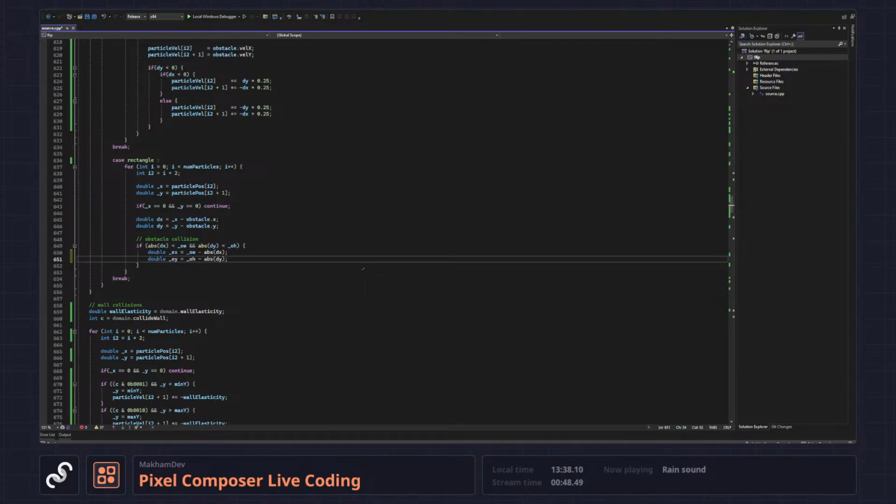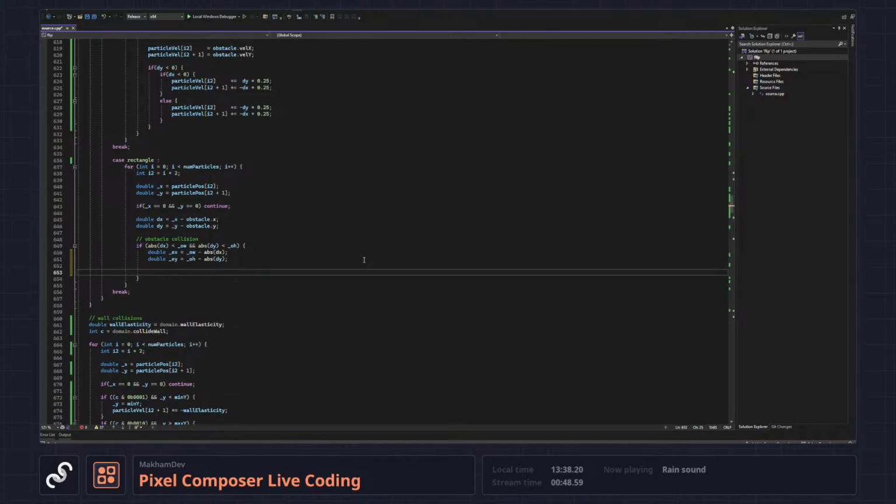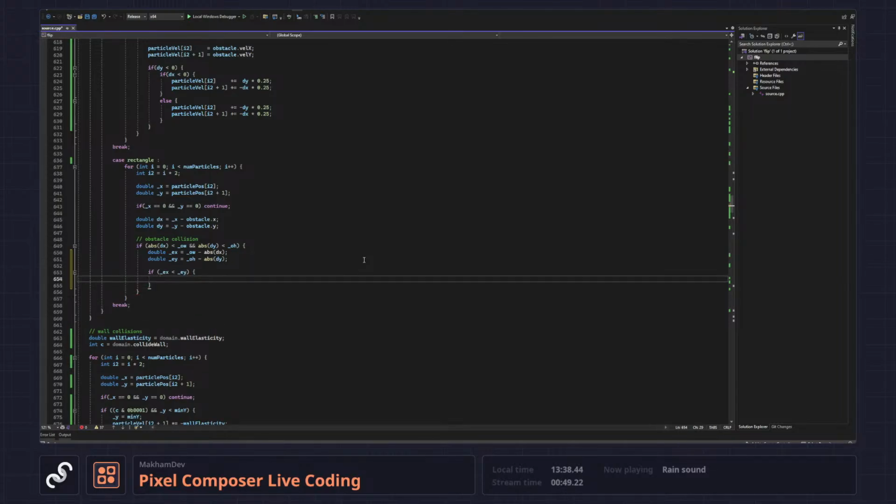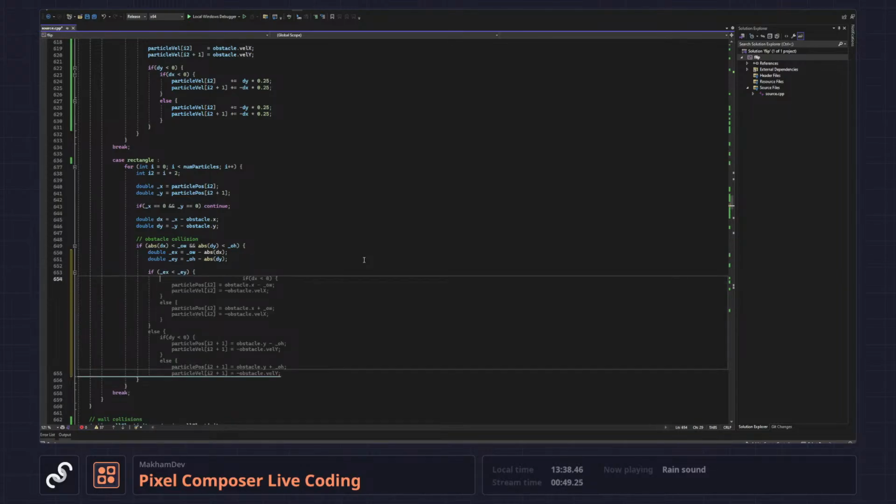Then we check if dx is higher than 0. Well, first check if it's left or right, right? So if absolute, nope, it's always positive. So if ex less than ey, so it's closer to the x edges now.